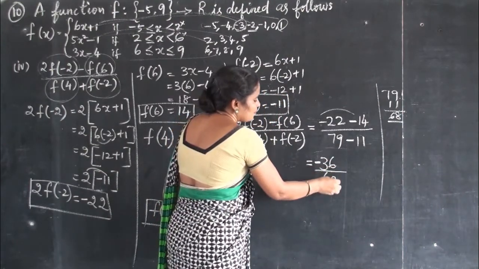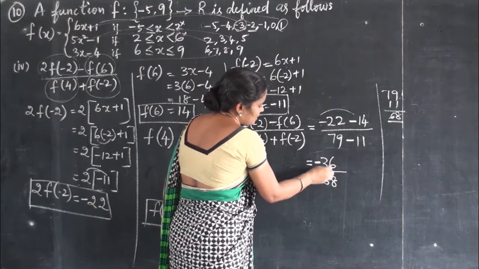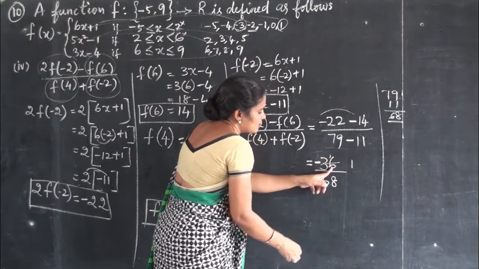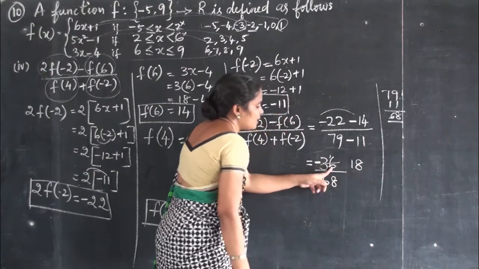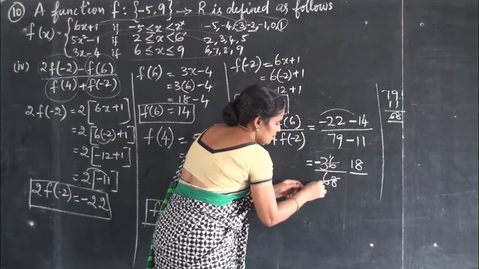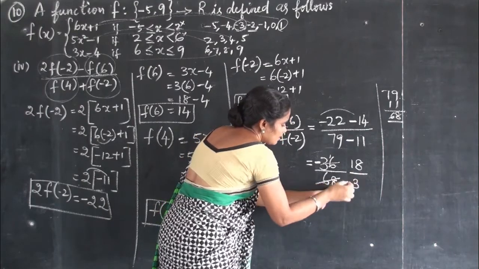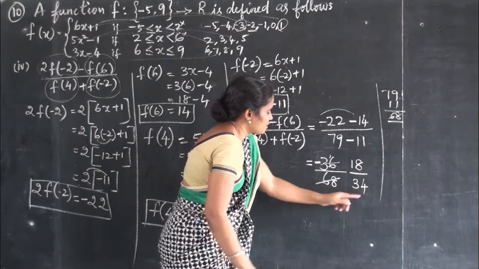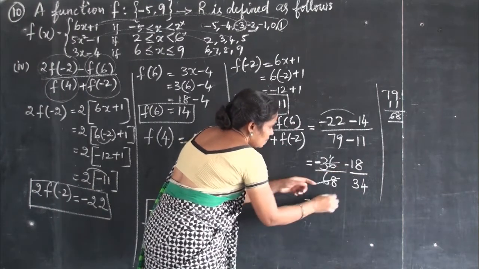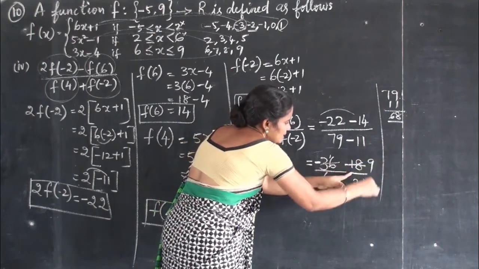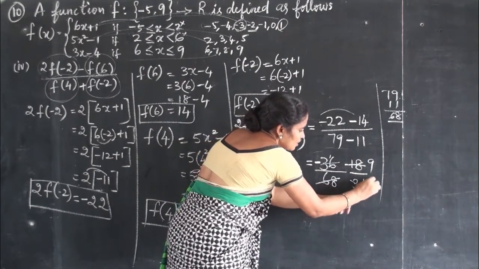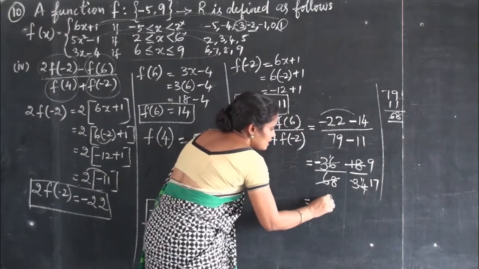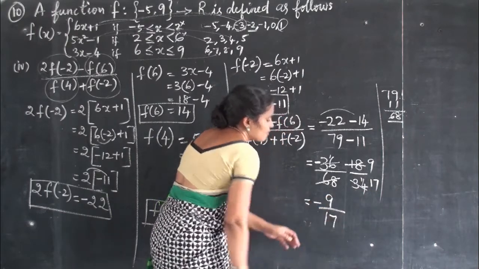Both values will go in the 2 tables. 2 1s are 2, 2 8s are 16. Then again 2 3s are 6, 2 4s are 8. 2 9s are 18. So we get minus 36 divided by 68, which gives minus 9 by 17.